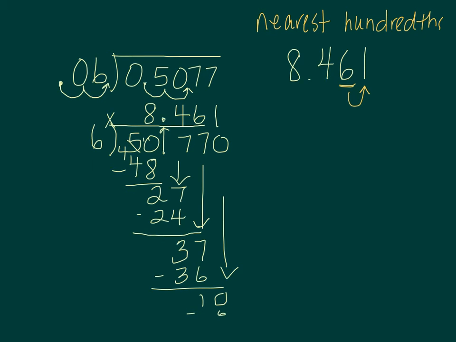But if it's 5 or greater, then I have to bump my hundredths up 1. Since this thousandths place is less than 5, I'm just going to leave the 6 the way it is. So rounded to the nearest hundredth, it would be 8 and 46 hundredths. That is my final answer.